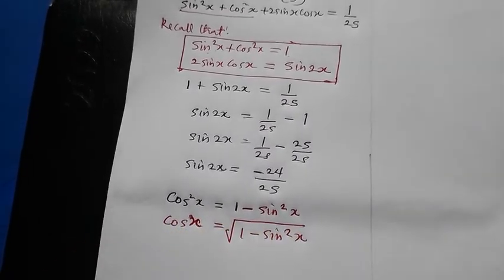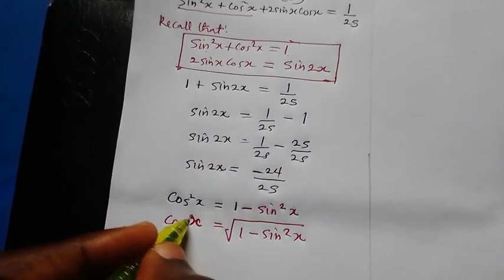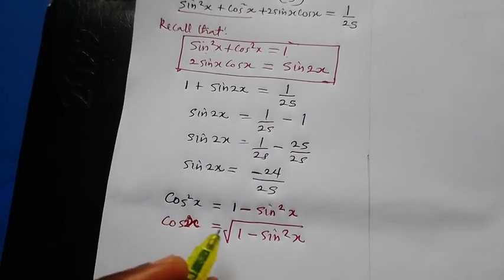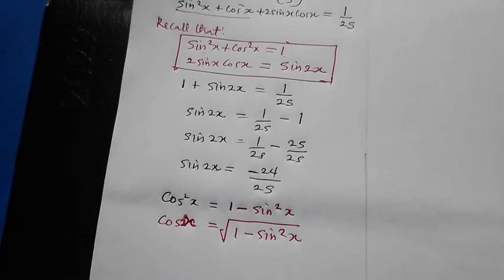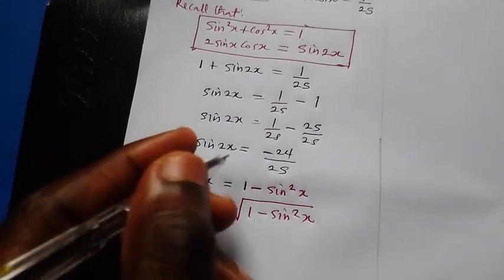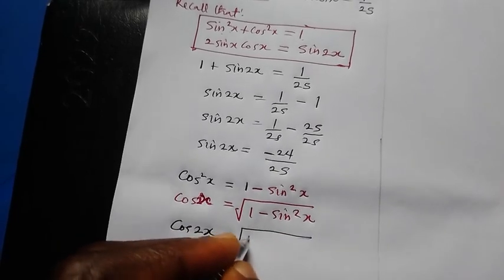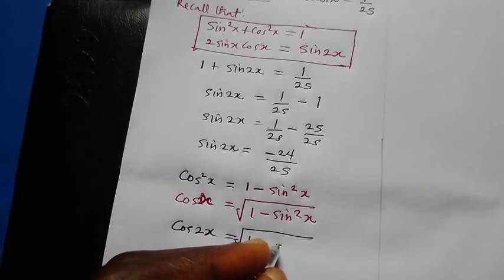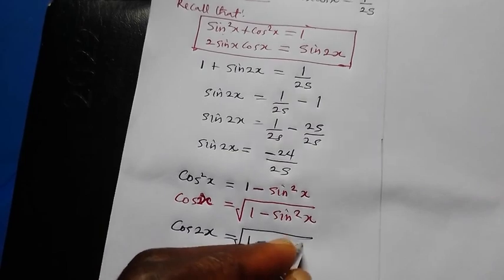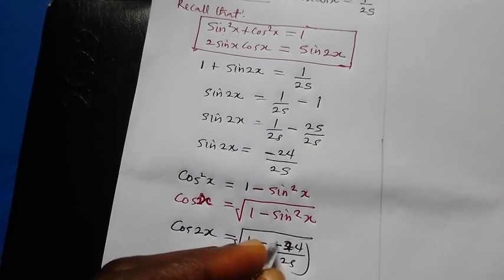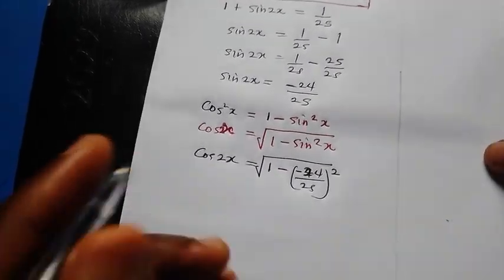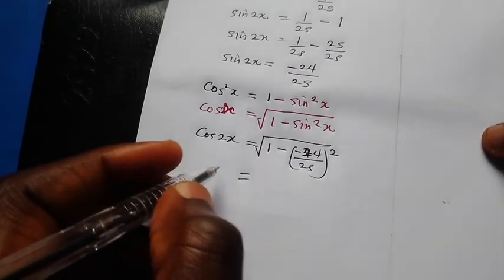So we can get our cos 2x. Cos 2x is going to be the square root of 1 minus negative 24 over 25 all squared. Which upon simplification will give us what?